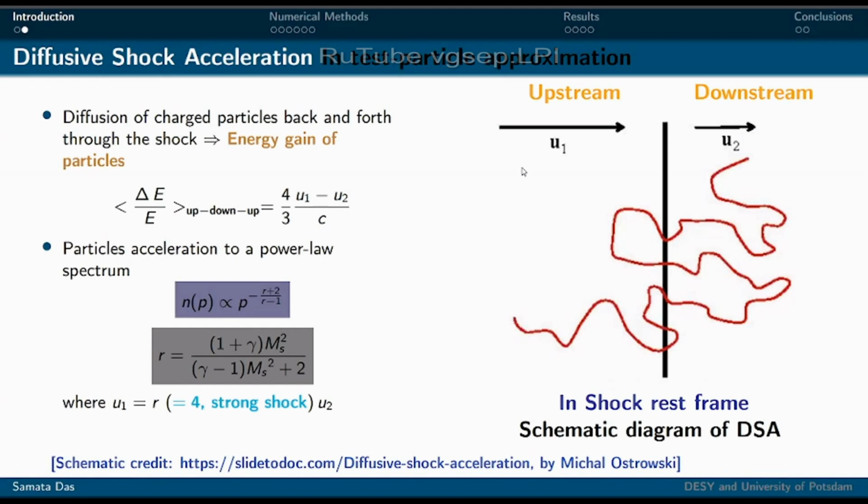Now we know that the diffusive shock acceleration process is the acceleration of cosmic rays in the shock environment, and it predicts a power law spectrum in momentum. Here the power law index depends on R, the compression ratio, and the compression ratio again depends on the Mach number of the shock.